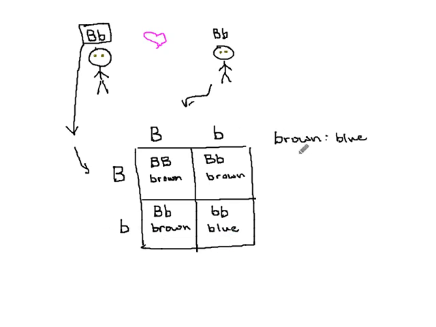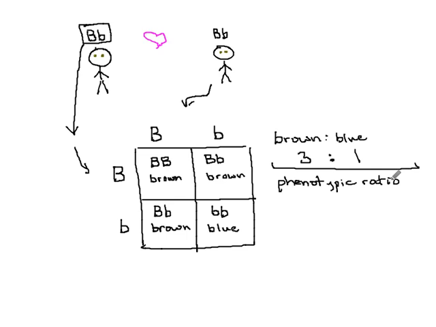So you could say that the brown to blue ratio is 3 to 1. 3/4 of their kids will have brown eyes, 1/4 of their kids will have blue eyes, or that's the chance for each of their kids. Every one of their kids has a 3 in 4 chance of having brown eyes and a 1 in 4 chance of having blue.